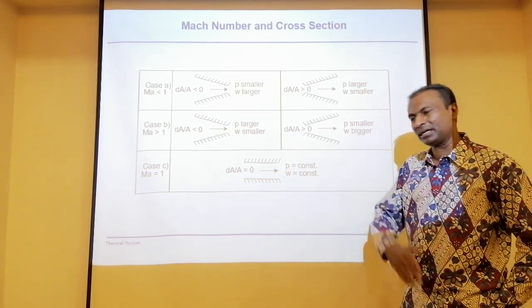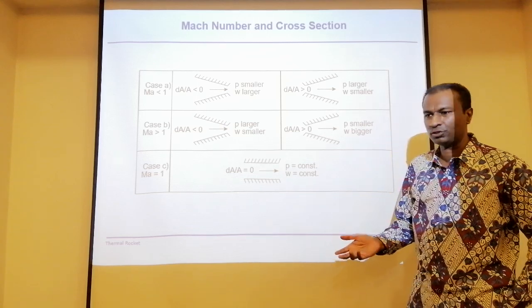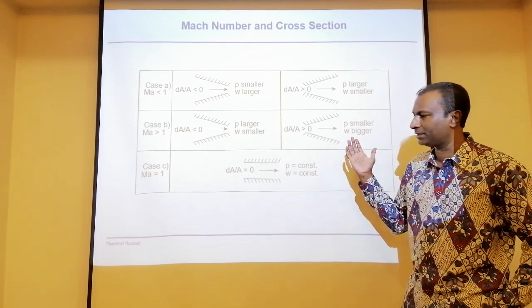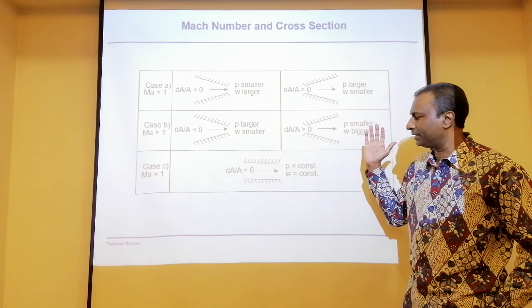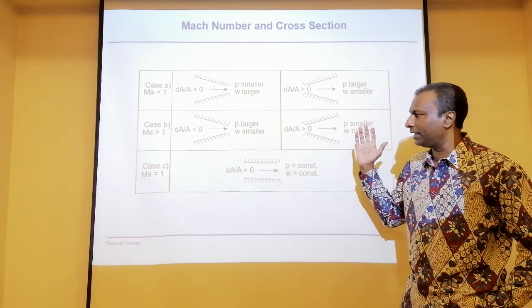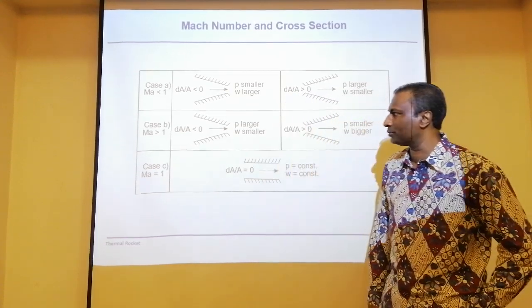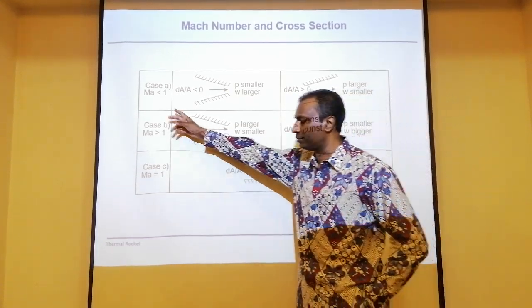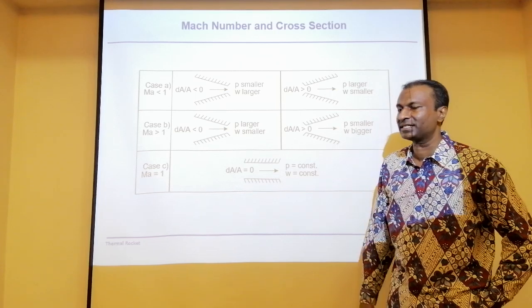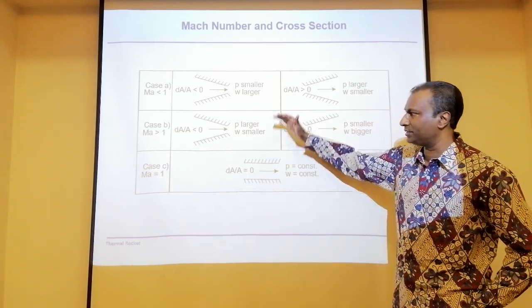Mach number more than 1 is supersonic, more than 5 would be hypersonic. Then you also have less than 1, which would be subsonic. So there are 3 cases basically.